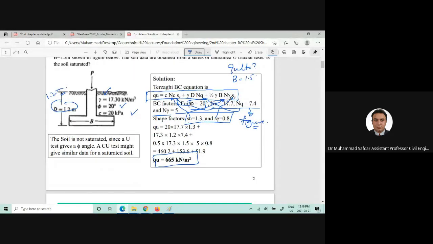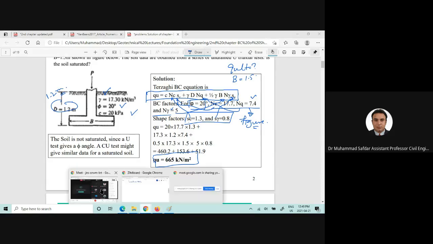So approximately 17.7, 7.4, N gamma is 5. So that's how we can solve and use the bearing capacity equations for Terzaghi's and Meyerhof's one. And that's the end of today's lecture. If you have any question, please kindly ask those questions.